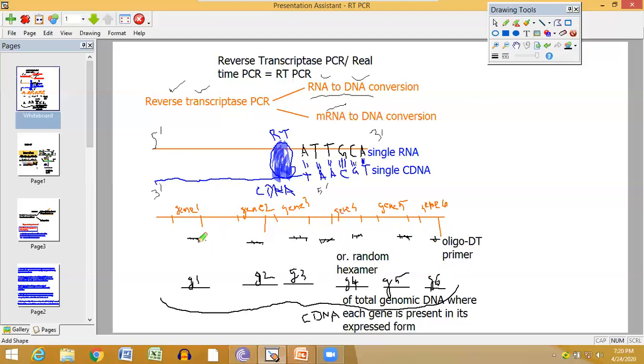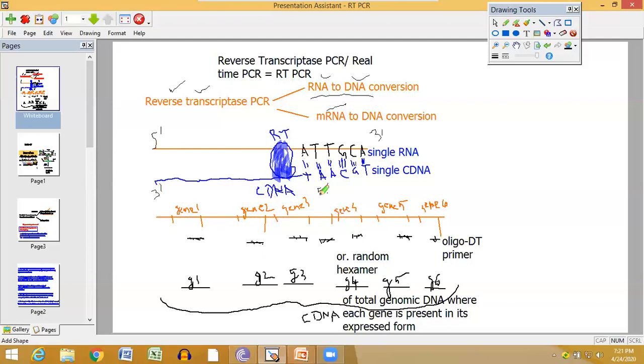It proceeds the reverse transcriptase PCR reaction. After that, we get back the total cDNA, where the cDNA of each gene is present. Okay. Next, this is a brief about how the reverse transcriptase PCR is performed.